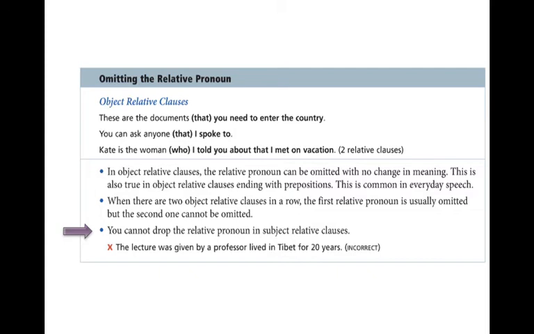So you keep the word who, the professor who lived in Tibet. You must keep it because it's the subject of the verb. It's only permissible to omit the relative pronoun if it serves as an object of the verb or object of a preposition in the relative clause. But it's not permissible to drop the relative pronoun in subject relative clauses. Got that?